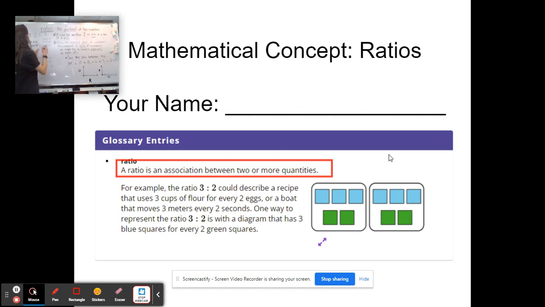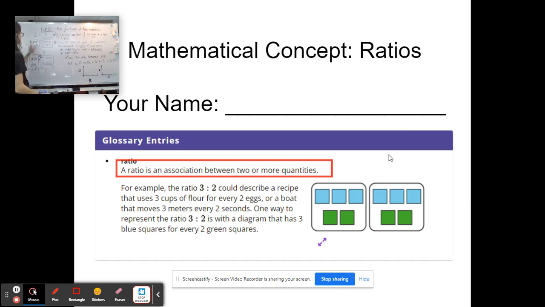So we could think of this as 6 stars to 9 circles, but that reduces to 4 stars to 6 circles, or 2 stars to 3 circles.